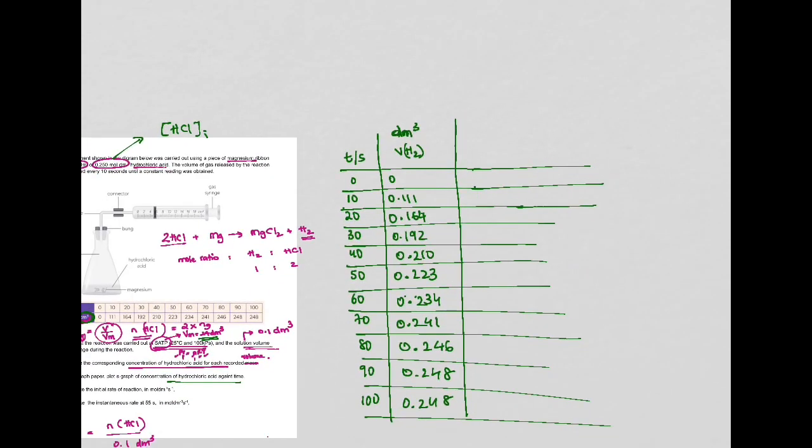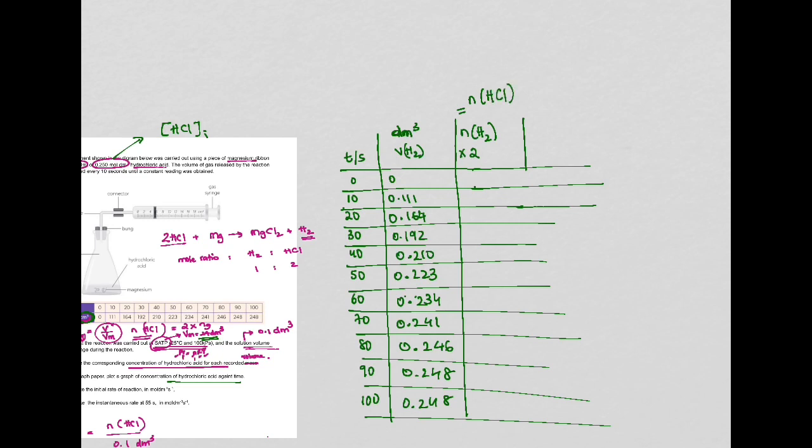Now let me find number of moles of hydrogen. Then I'm going to find number of moles of HCl, which is going to be twice this. So I'm going to find this times 2, which is going to be equal to number of moles of HCl.